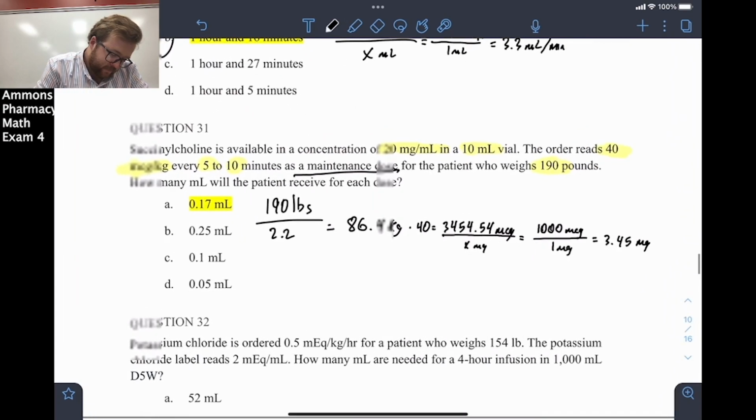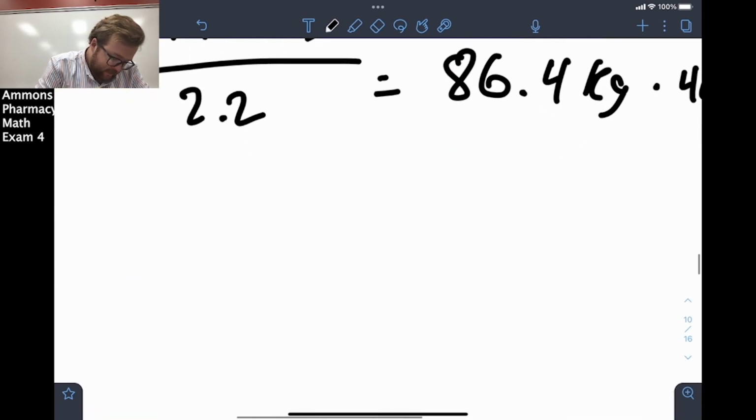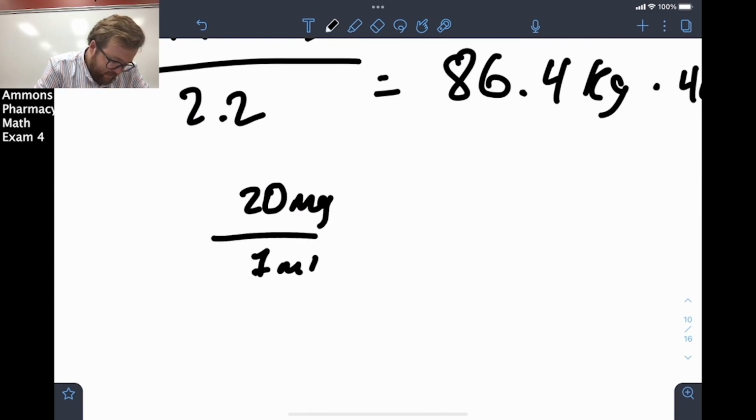milligrams. Okay, so 20 in 1 mil, and we have a 10 mil vial, doesn't matter, 10 mil vial, 20 milligrams in 1 mil, and we need to know how many mils contain that amount of drug.